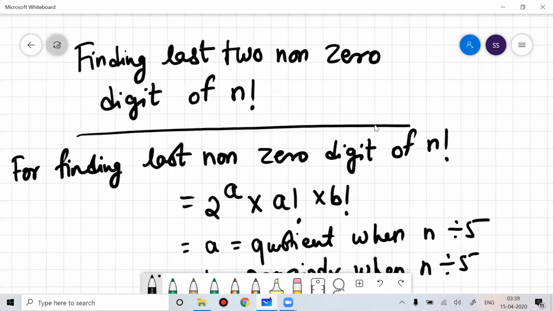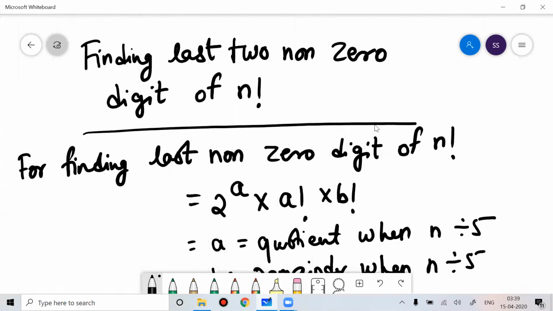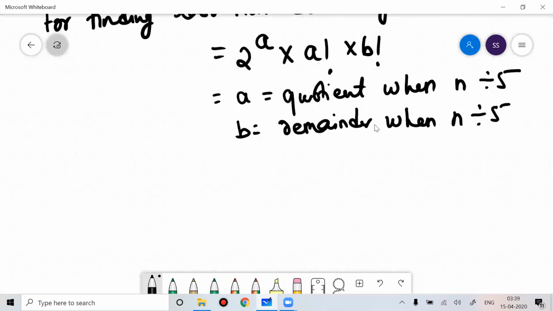Before I talk about how to find the last two non-zero digits of n factorial, let's do a quick revision of this. For example, we all know 9 factorial is 362,880.